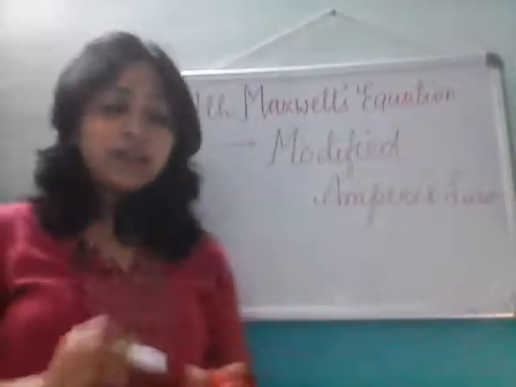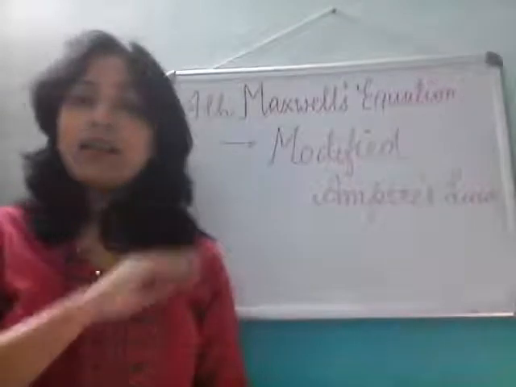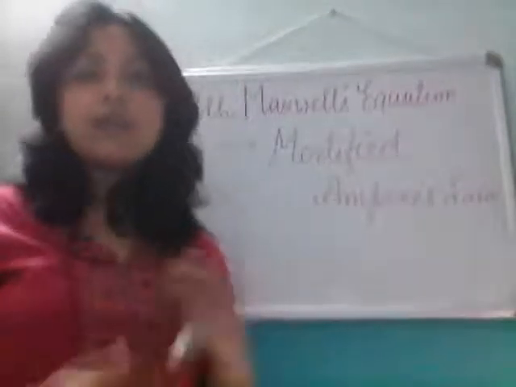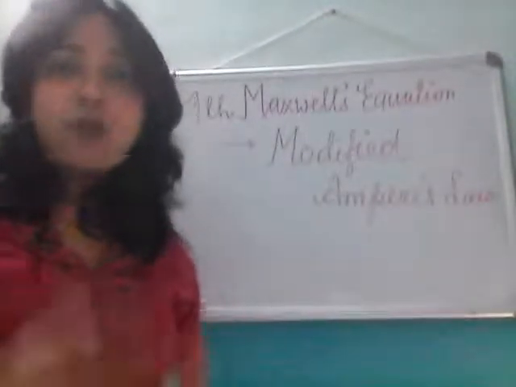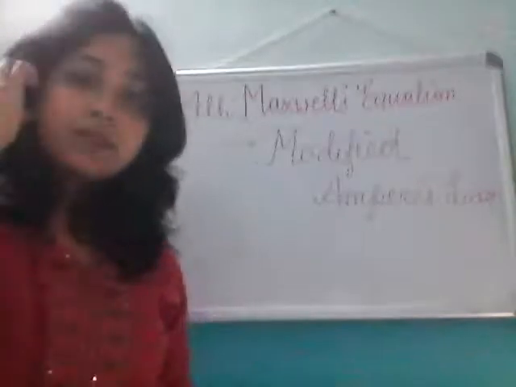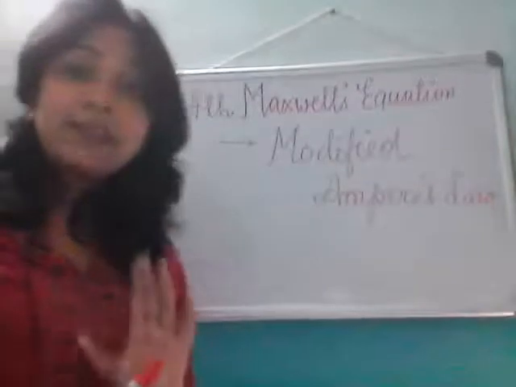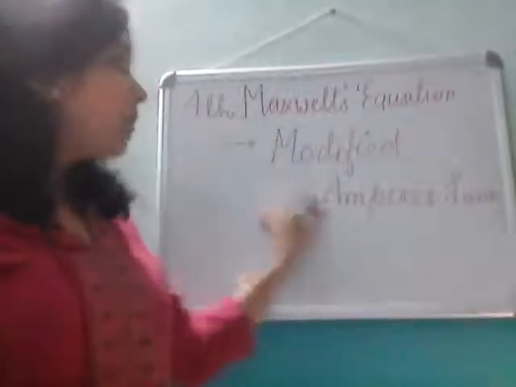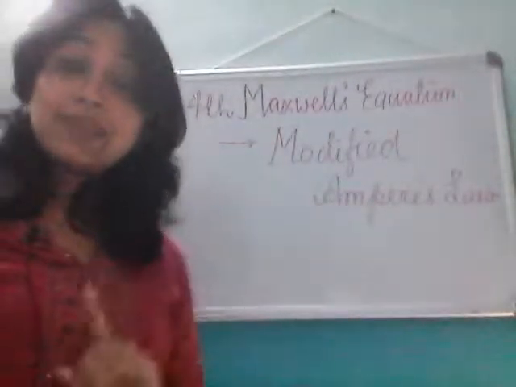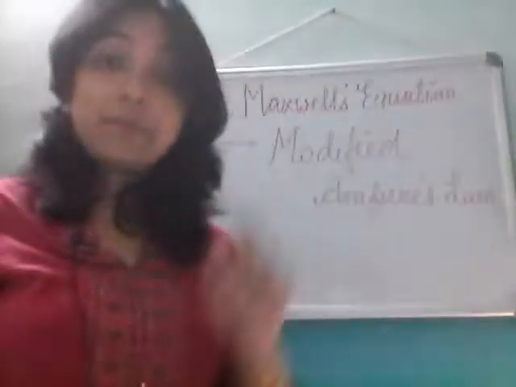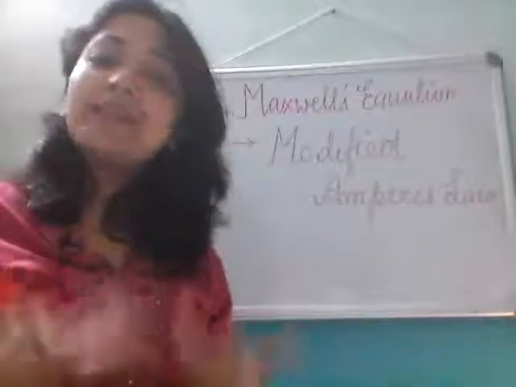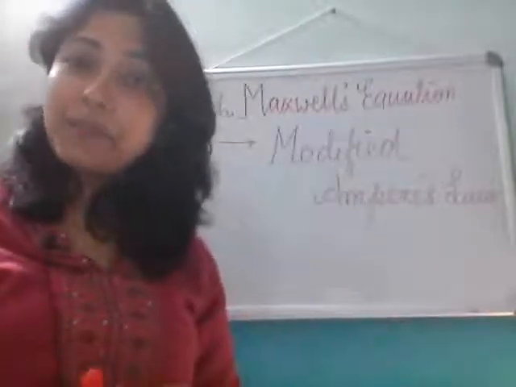Now, you might be wondering that the earlier ones were Gauss's law of electrostatics, Gauss's law of magnetostatics, Faraday's law of electromagnetic induction. However, this fourth Maxwell's equation has not been stated as Ampere's law. It has been stated as the modified Ampere's law.